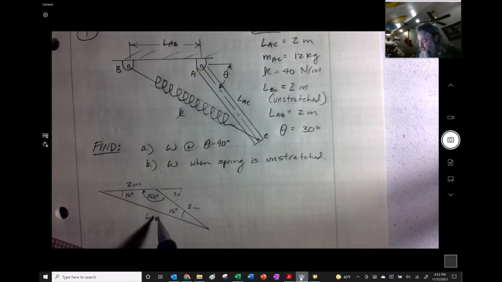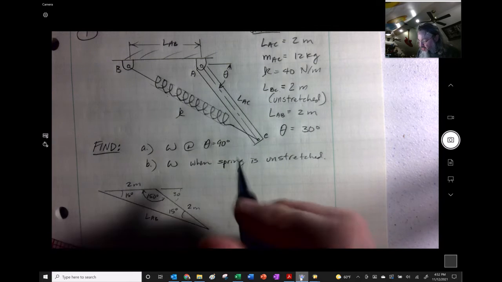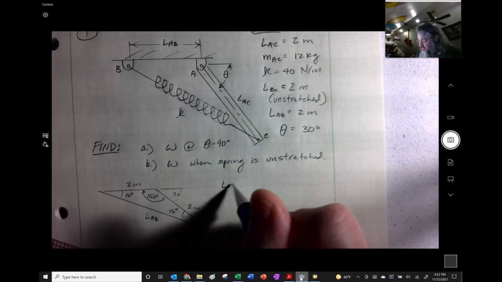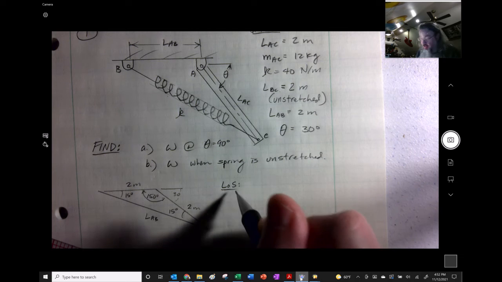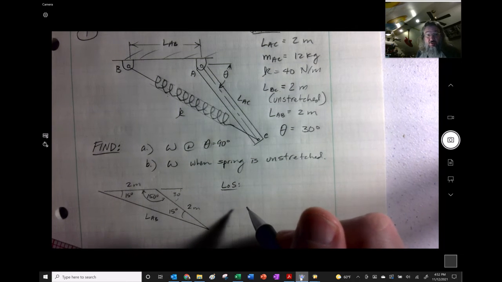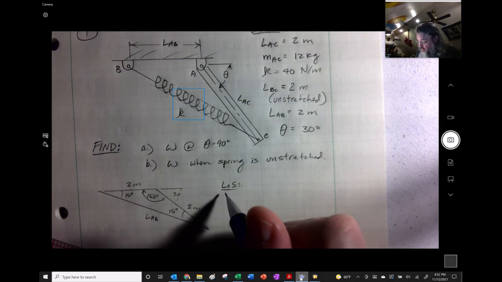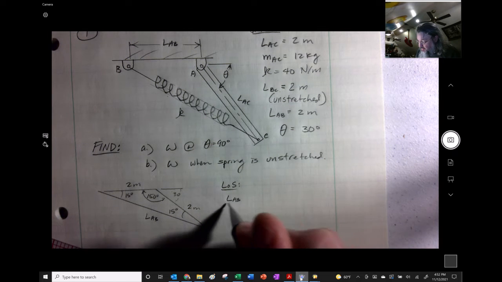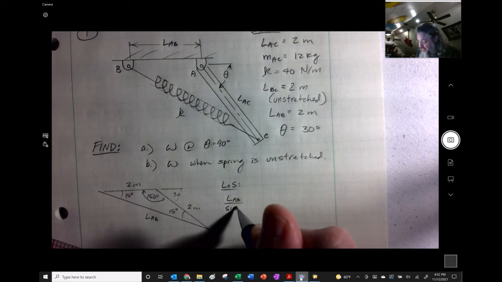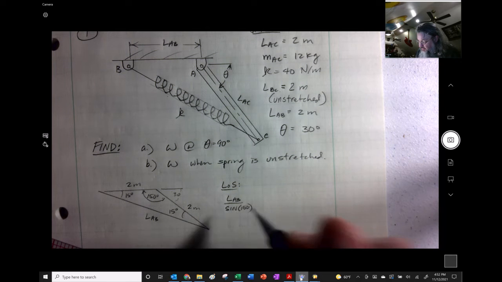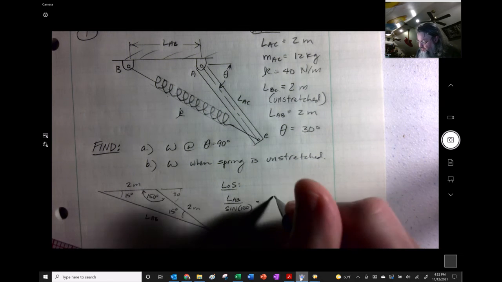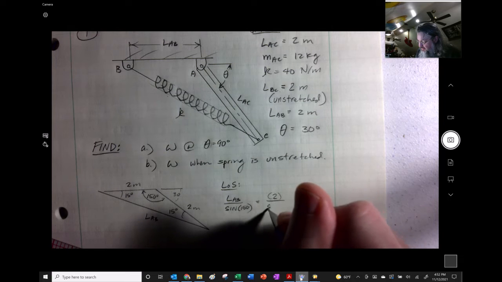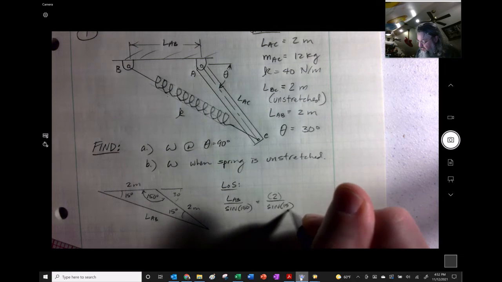And so if I want to find this angle, I could do law of sines, probably the easiest thing to do here. I started thinking I had to do law of cosines, but I don't have to. So with law of sines, we have LAB divided by the sine of 150 equal to 2 meters divided by the sine of 15.